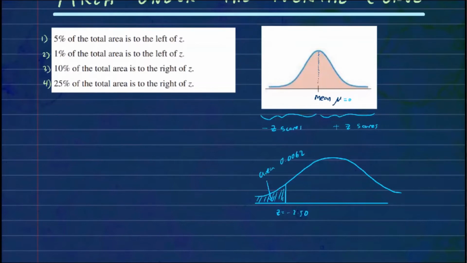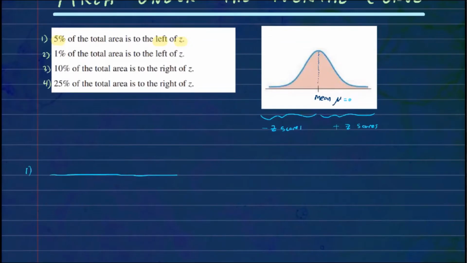Let's go ahead and take a look at these examples I have on the left. We're going to find the area of the following. For number one, we're looking for 5% of the total area to the left of z. So we're looking for what is the z that corresponds to 5% of the area to the left. Let's try to draw a picture.